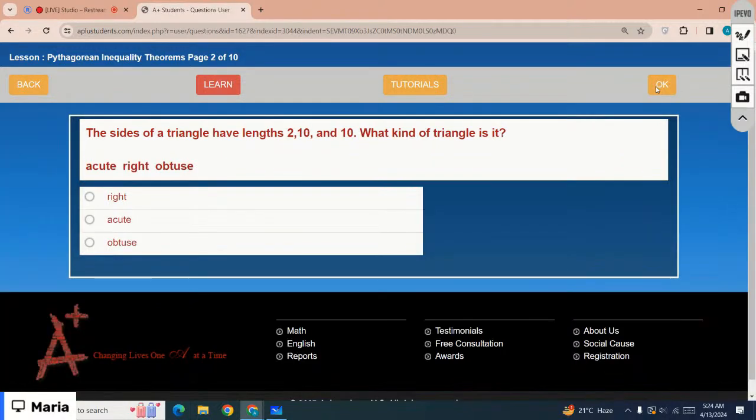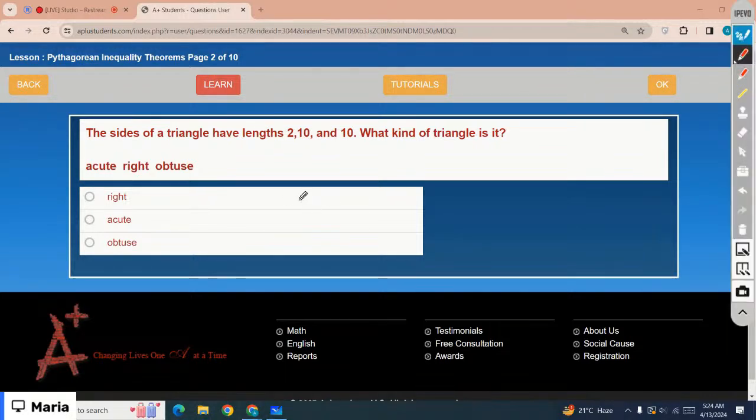Okay, the next one: a triangle has lengths 2, 10, and 10. What kind of triangle is this? You have to do 2 square plus 10 square and 10 square. That is 4 plus 100 and 100. That is 104, and 104 is greater than 100.